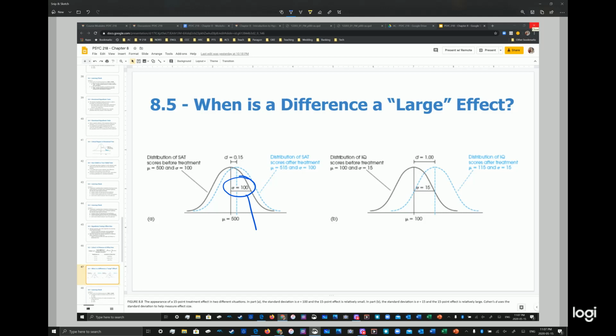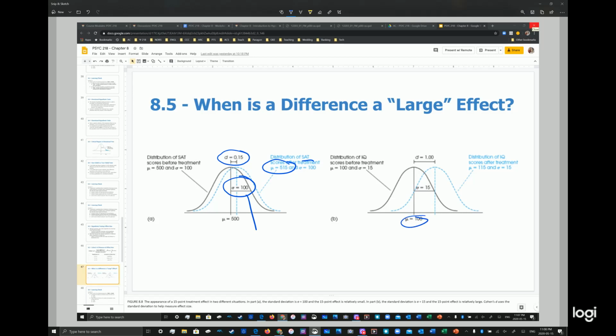Here you can see in this population distribution with a standard deviation of 100, a 15 point increase in the SAT score, as described, is not going to be very much, because if the standard deviation is 100, 15 points is only 0.15 standard deviations away.